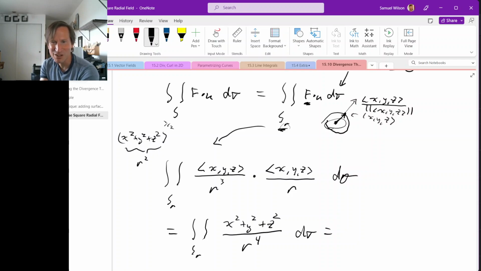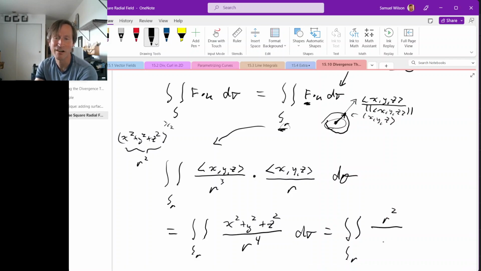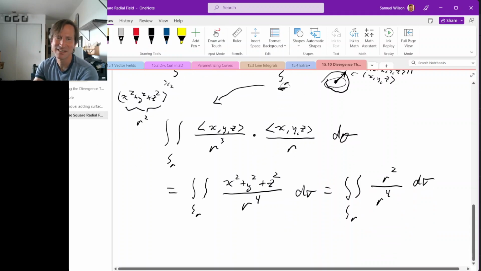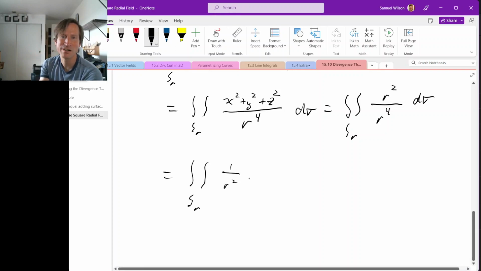But look, x squared plus y squared plus z squared is r squared, because we are on the sphere of radius r. So over r to the 4th, d sigma. And now this simplifies. Integral over S sub r of 1 over r squared, d sigma.